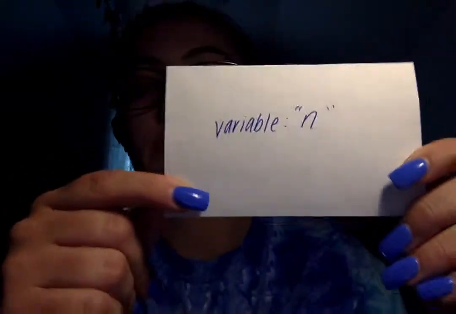And you also have to have a specific unit of measure that you're defining. So like I said, if someone's leaving their house to go to the grocery store, N would be the miles that they've driven. So miles would be your unit of measure.